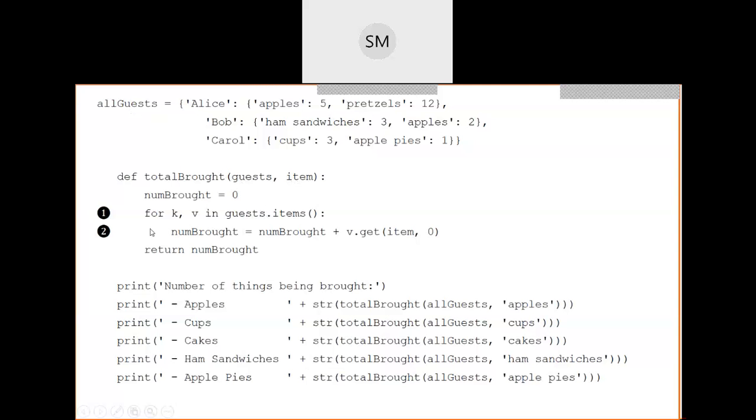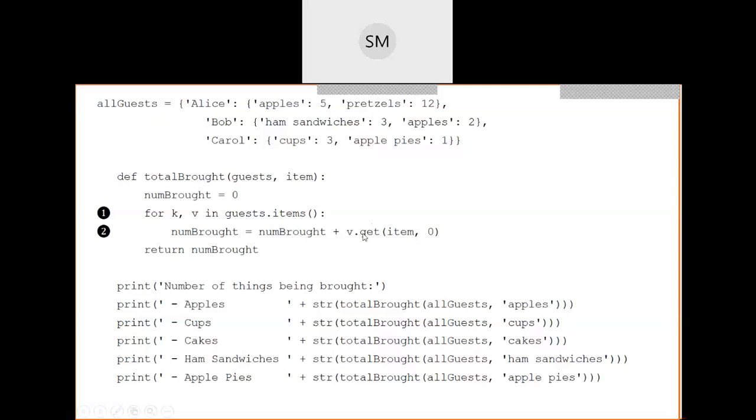So within this for loop, once again I use that variable, num brought, because initially it was 0. Now I have to update it. How do I update it? That is num brought plus v dot get function. In the previous class I told you about the get function, how to use this get method. What this get method does is it searches for a particular key in our dictionary, and it returns its value to us.